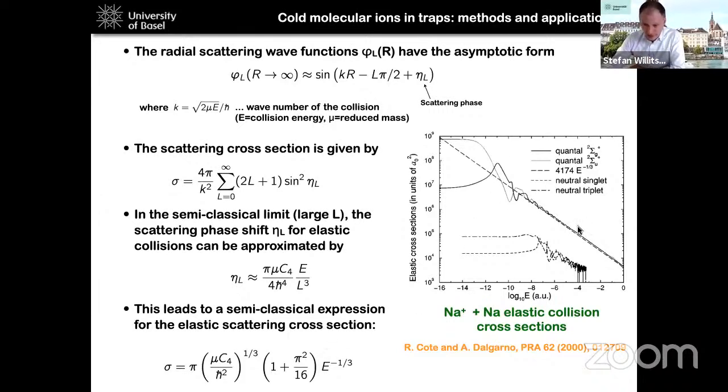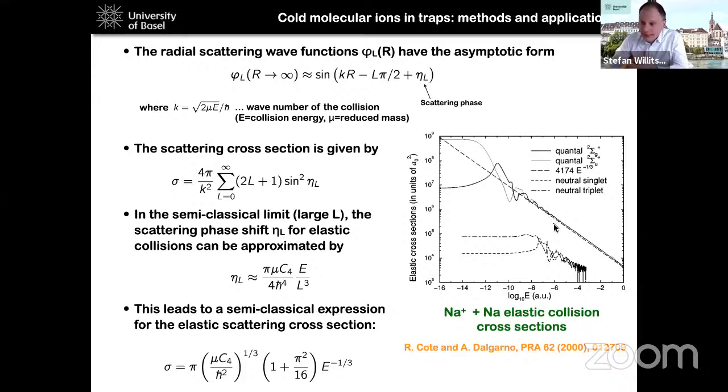And what is shown here is the validity of this approximation as a function of the collision energy. One can see that only at the lowest collision energy, where we only have few partial waves, meaning few angular momentum, so if the angular momentum of the collision is very low, then we have appreciable deviation of this semi-classical expression, which is the dashed line here, from a rigorous quantum solution of the whole problem.